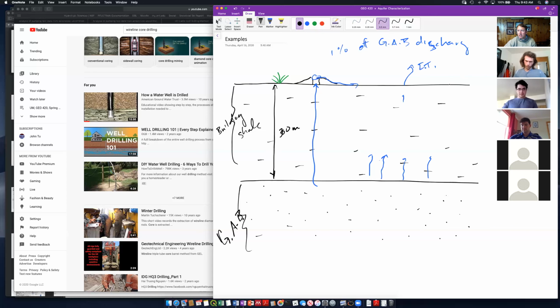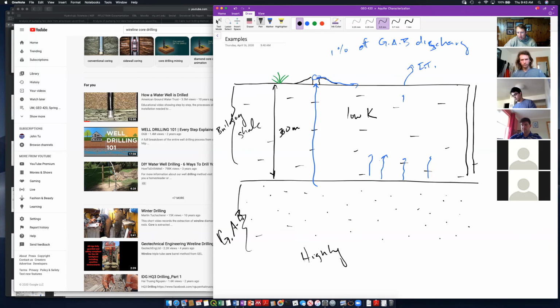So what we did in the GAB is we wanted to, so this is shale, really low conductivity. So if we drilled a hole, which we did, so we went in and we're going to drill a hole. All right. Oh, and this is highly artesian.